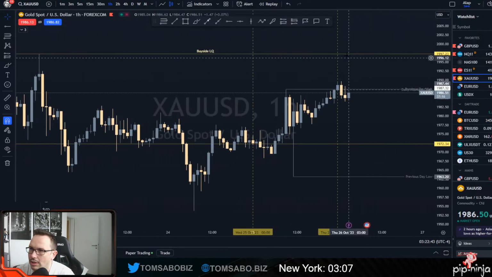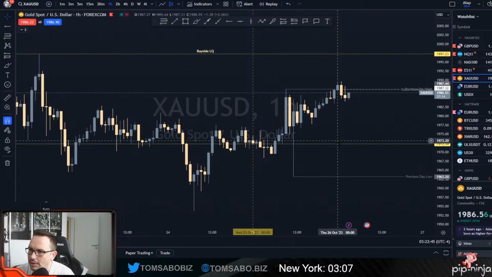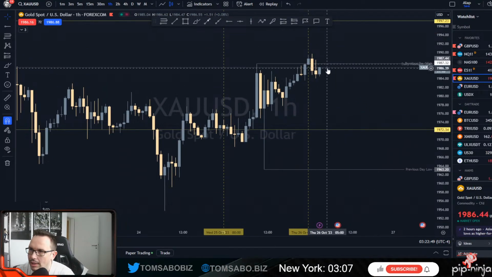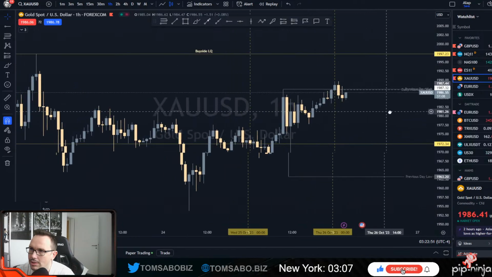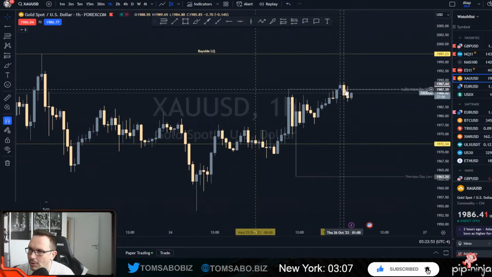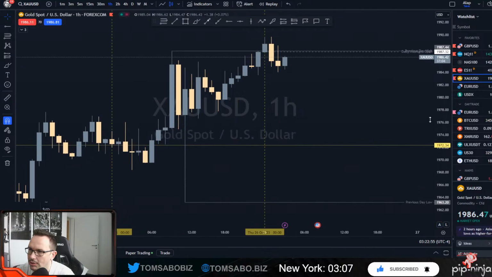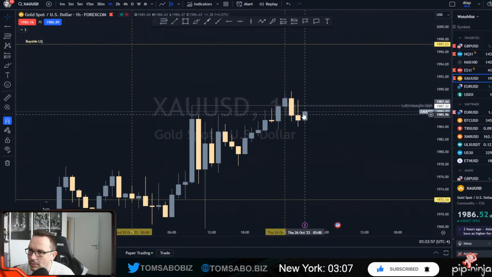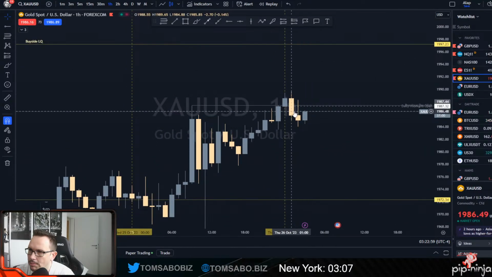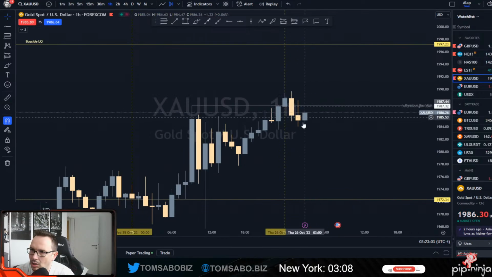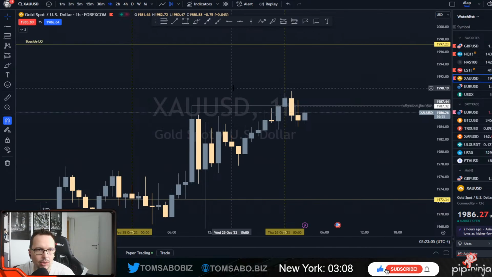Let's reset the chart. This vertical line here is the midnight open, and this is yesterday's midnight open. Now this is the midnight open price range right here. Let me zoom it out. So we are pretty much a little bit below the midnight open on gold. This is the hourly gold chart.